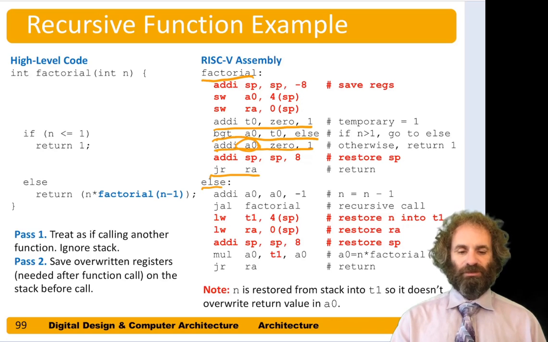If n was not less than or equal to 1, then we want to do the else part, where we need to do n times factorial of n minus 1. So we need to put n minus 1 into the A register by adding the old value of n and minus 1, put that in as our new argument, and then we'll jump and link to call factorial. When we return, we'll multiply our n times the return result.